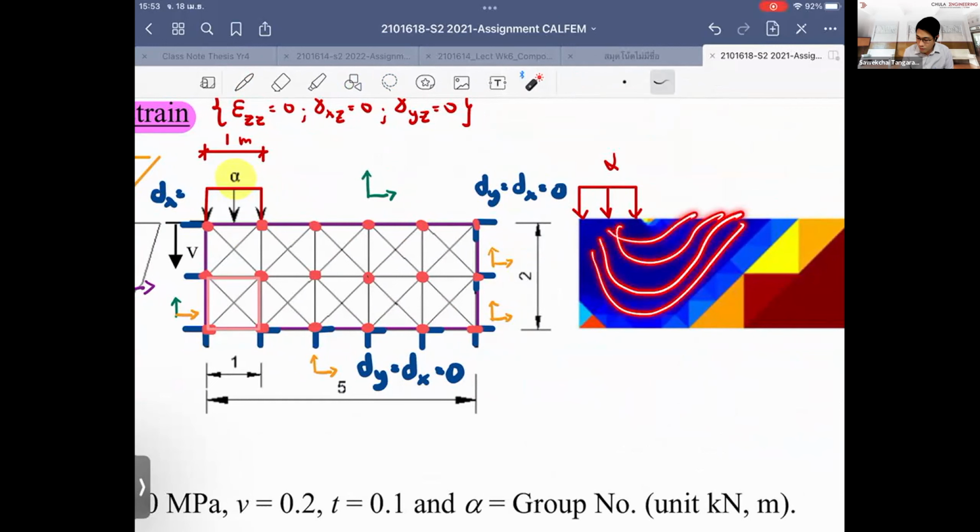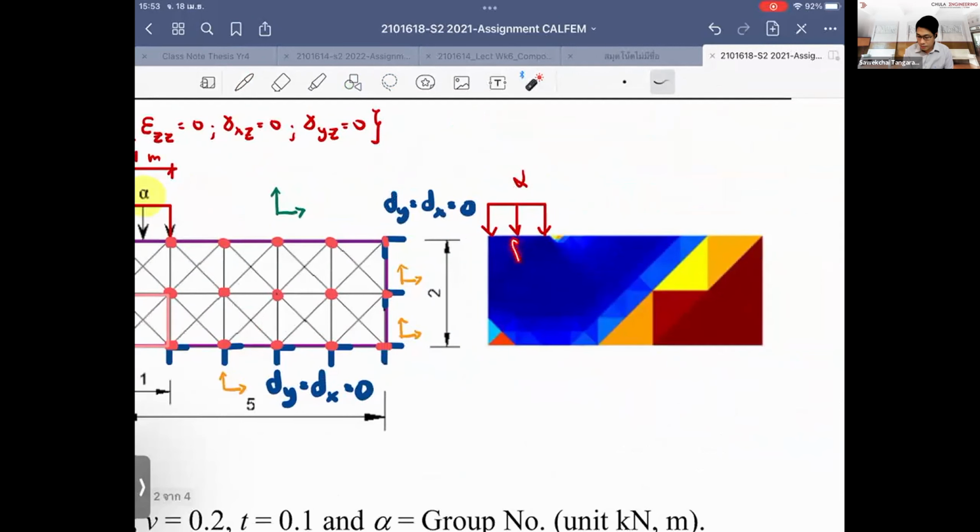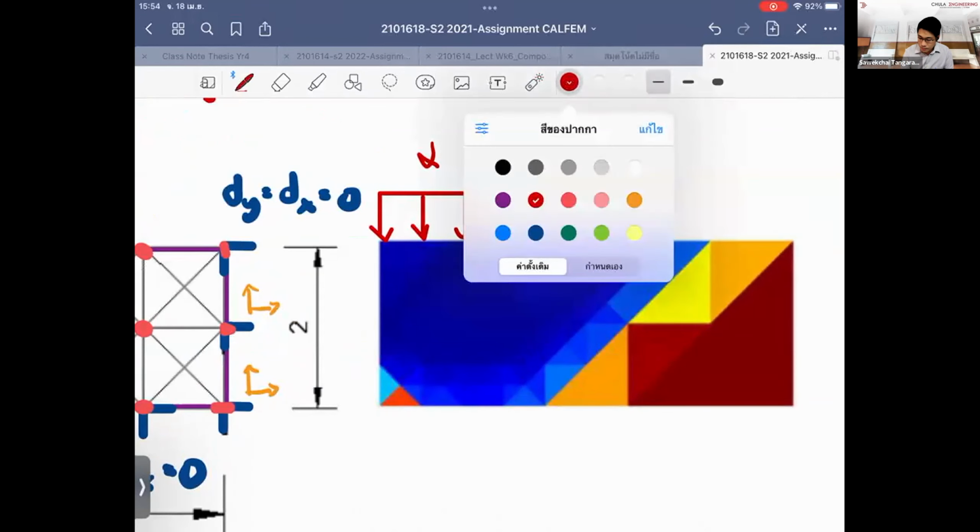This area will be the high value of the stress, right? And how does it look? It tries to push and pull over the size of the loading. So this is one of the very classical soil problems that we may be looking at. And this is the distribution of the von Mises stress, the von Mises stress that I'm looking at in these problems.